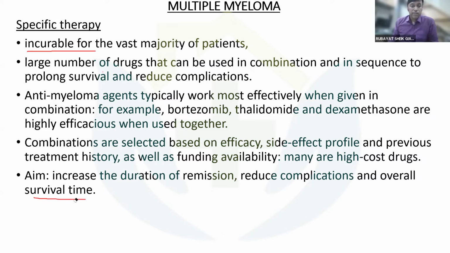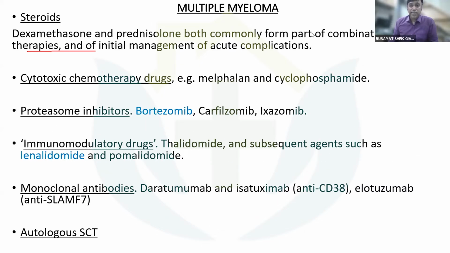The drugs that are available now and the questions that are asked in your exam: number one, a very commonly used drug in multiple myeloma, bortezomib. Initial therapy, when the patient presents with acute complications, we use steroids. Any acute complication.